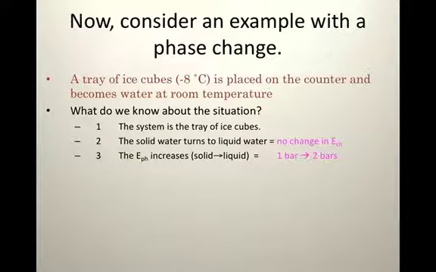We know that the phase energy must increase because we started as solid, that's 1 bar, and became a liquid, 2 bars of phase. We know the thermal energy increased because it started at -8 Celsius. It must have warmed up because it's turned to above freezing liquid.